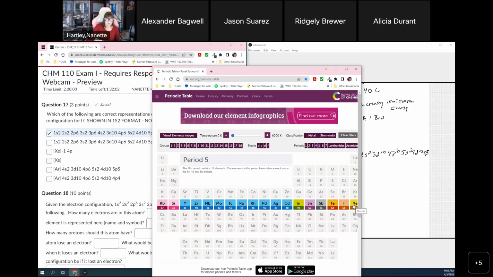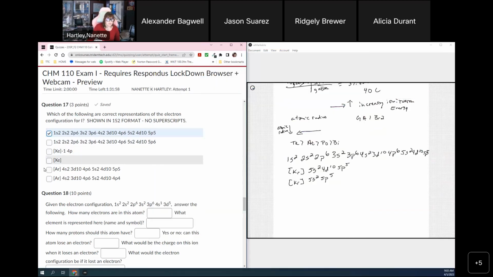That is not the correct electron configuration for I. That would be for I minus. So it's not that one. It's certainly not Xe minus 1 4p, because that doesn't exist. We don't do an electron configuration where we subtract things out. We only do things where we add them in. So this one is not right either.